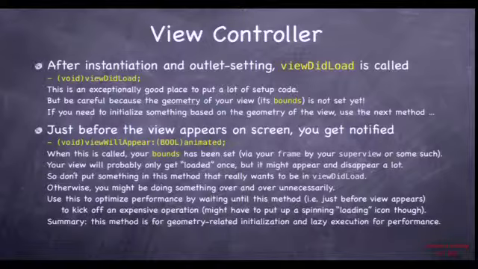You click some button and the screen changes right away, but then there's a spinning wheel because it's loading something from the network or whatever. Usually what's happening there is in viewWillAppear, they're firing off a thread to go do that network load and putting up the spinning wheel. And we're going to show how to do the spinning wheel a little later when we show you how to do threads. So viewWillAppear is good for those two things, kind of last minute, lazily waiting to do something expensive, and also geometry things.